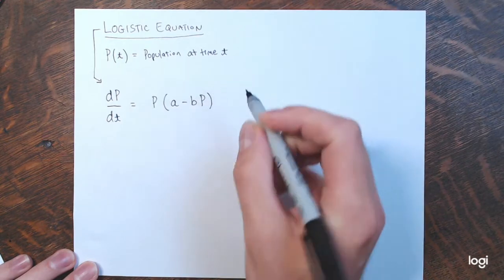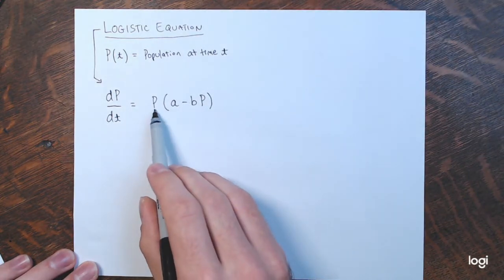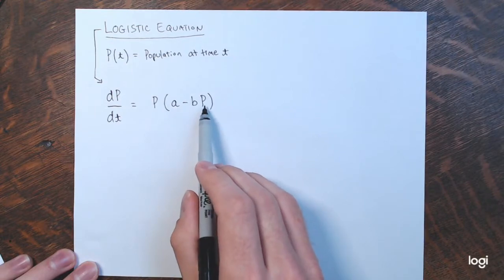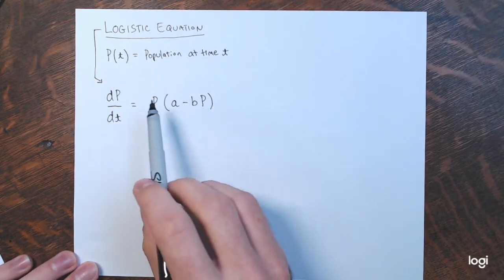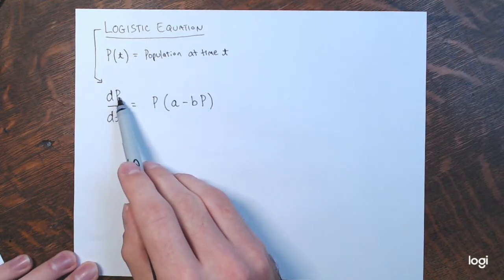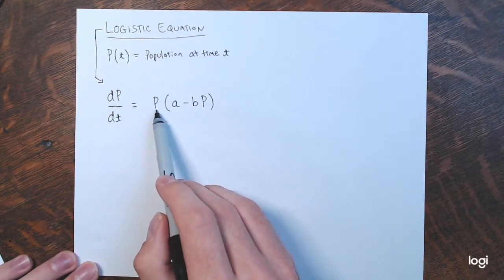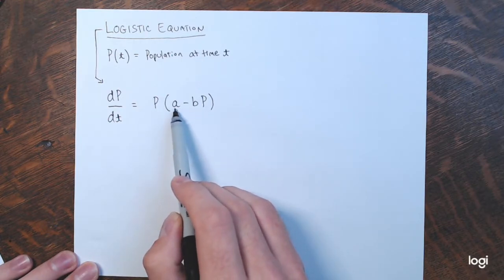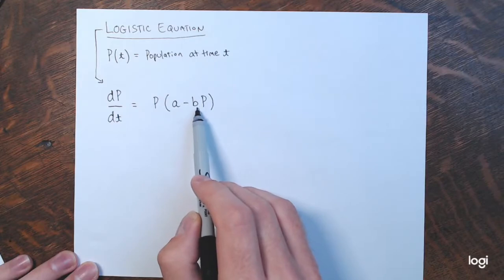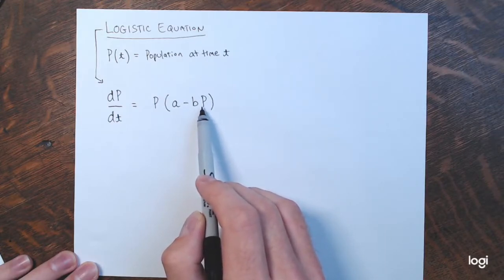So two factors here: P times (A minus BP). This says that the rate at which the population is changing is equal to the population at the time multiplied by some quantity minus some multiple of the population at the time.